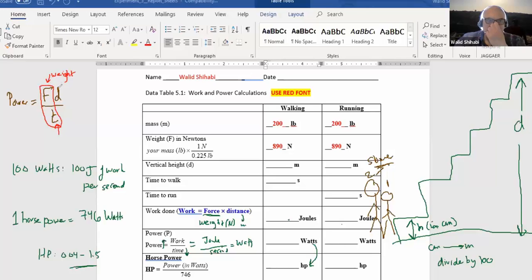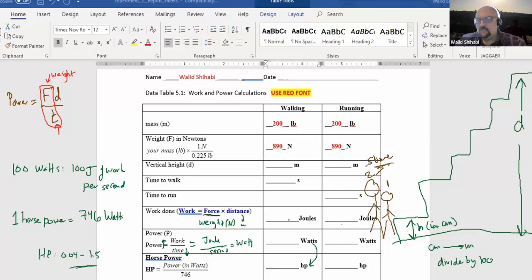When we talk about two people, assuming the same staircase, the distance D is constant because the two people are using the same staircase. So the two variables here are the weight and the time. The one that has the bigger ratio of weight to time will have more power.